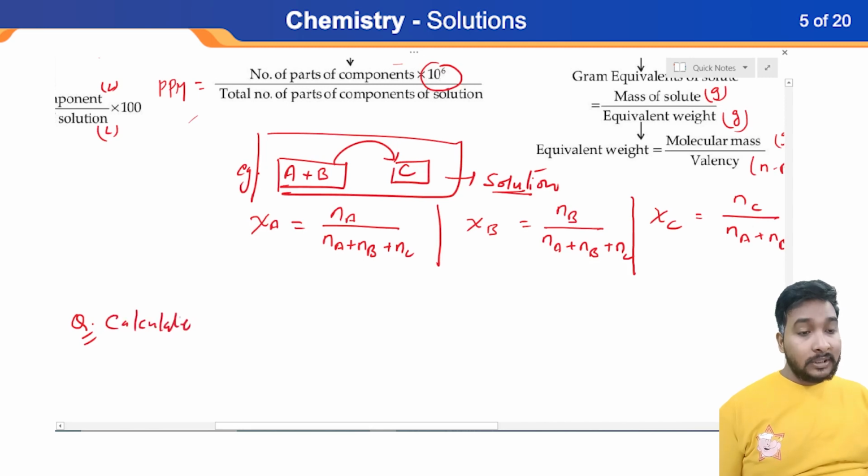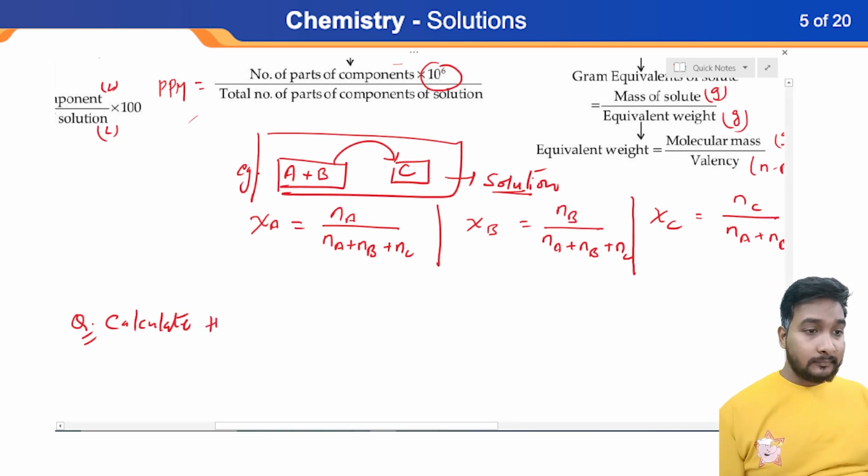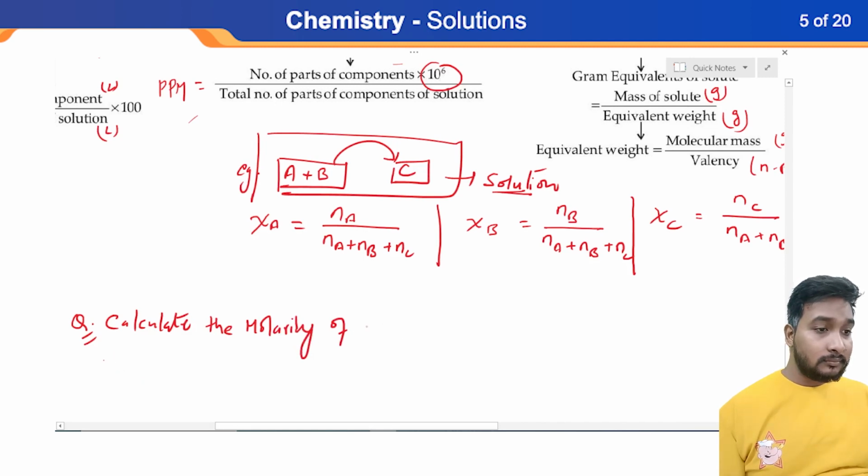Calculate the molarity of NaOH, of 40 gram NaOH dissolved in 1 liter solution.